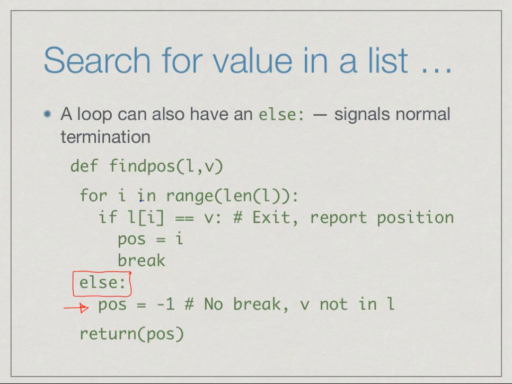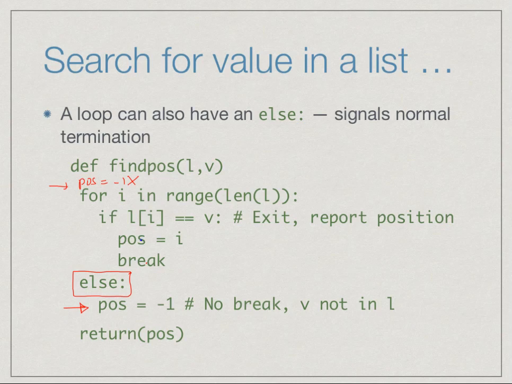So here, for instance, we don't initialize pos, so we no longer have this clever trick. What we say is that for i in this range, we check, and if it is there, we set pos to be the current i, and then we break. Now, if we have actually gone through this entire list and not found it, pos is undefined.